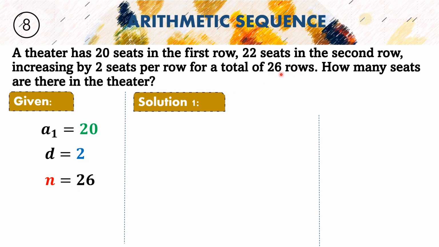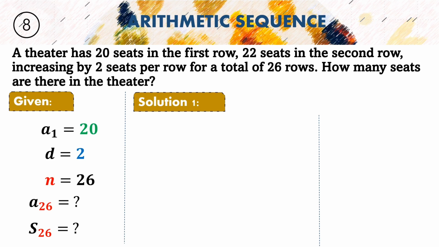What is a sub 26? So how many seats are in the last row, on the 26th row? And then how many seats are there in the theater? So how many seats are there from the first row until the last row, which is the 26th row?